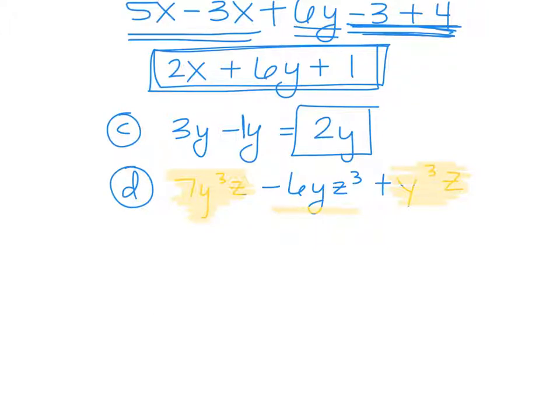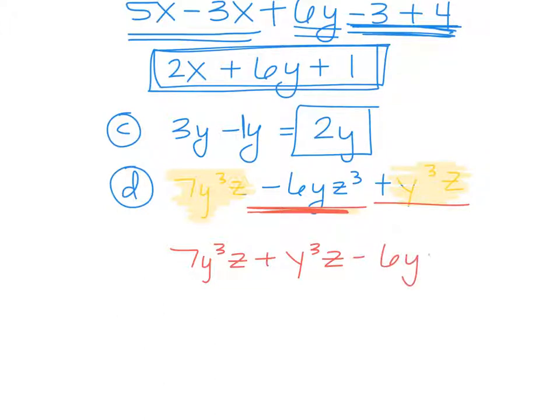So what we're going to do is we're going to rewrite it. So it's going to be 7y to the third z plus y to the third z minus 6yz to the third. Okay? What does this work out to? 7y to the third z plus y to the third z. 8y to the third z, right?